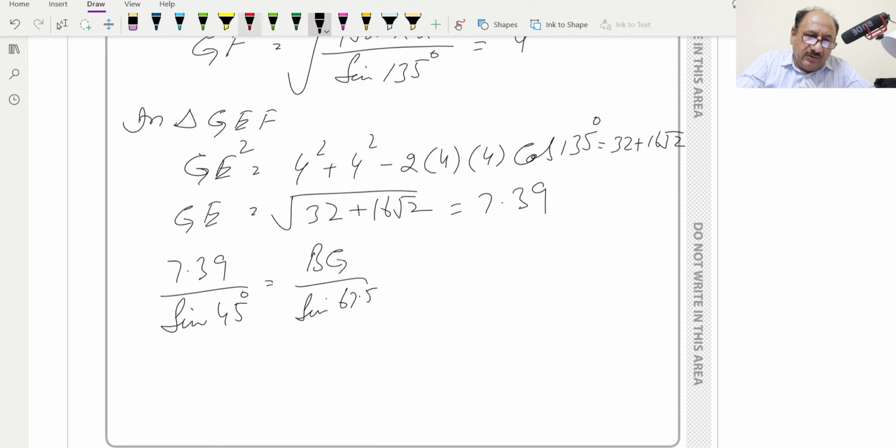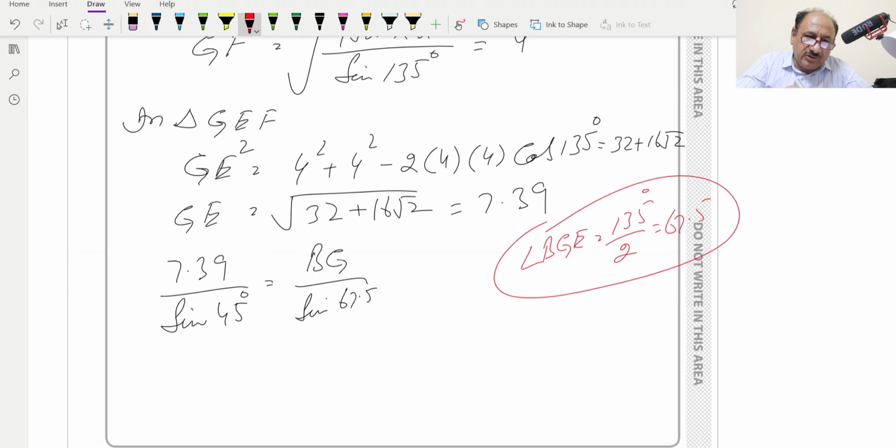If you want the explanation, we can write it as sine of angle BGE. Angle BGE is equal to 135 degrees divided by 2, which is equal to 67.5. So this is basically the explanation for this.